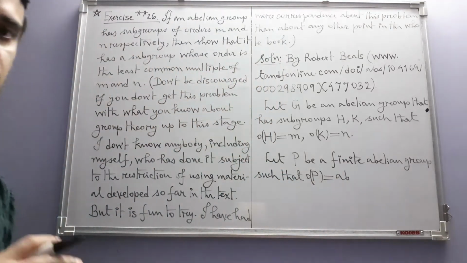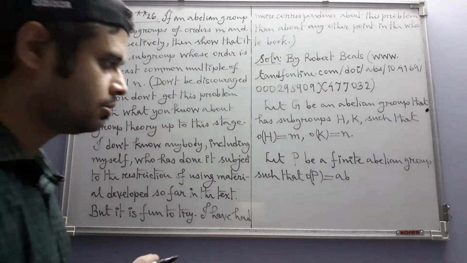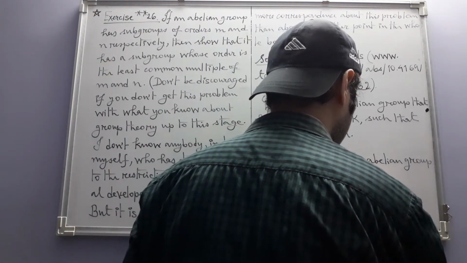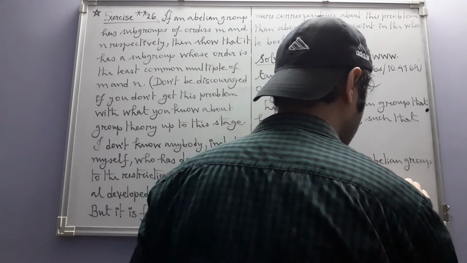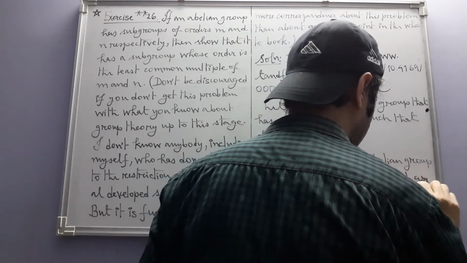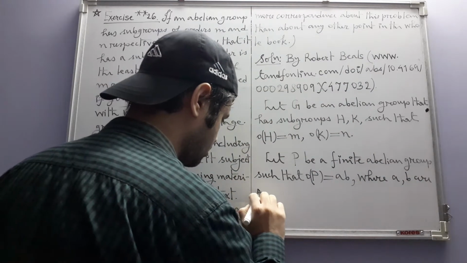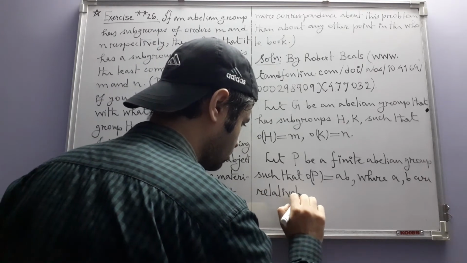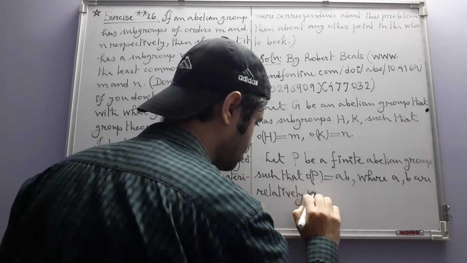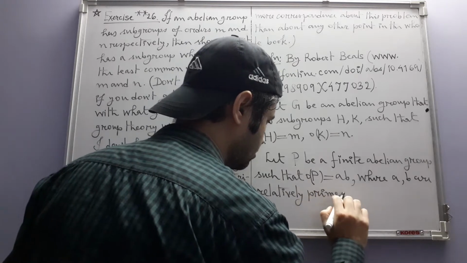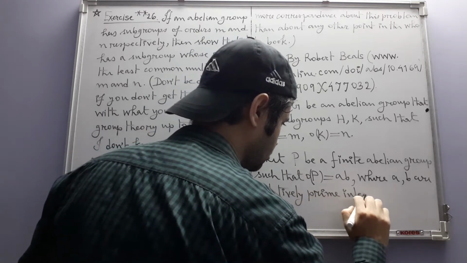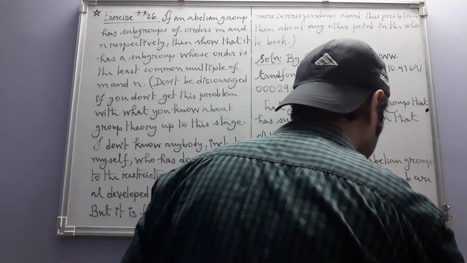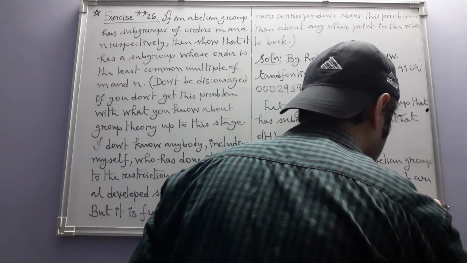Order of P is a product of two integers A and B, where A, B are relatively prime integers both greater than 1.